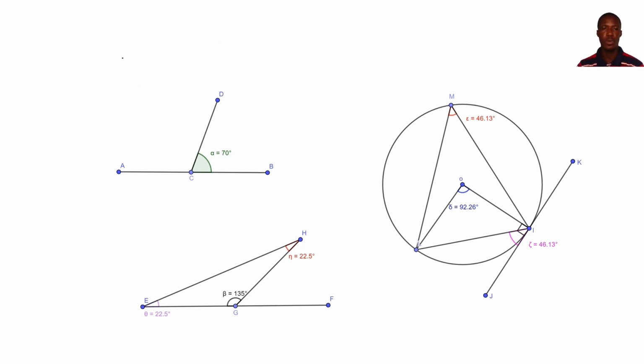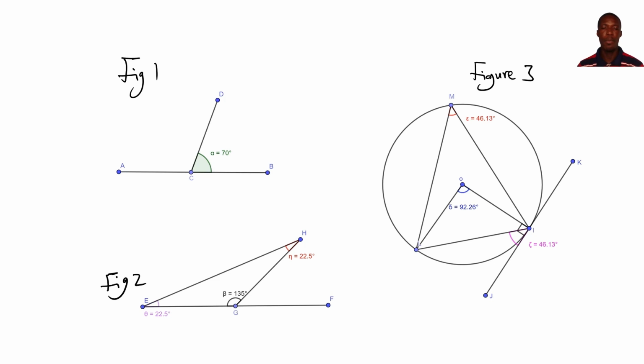So let's take note of this, and then let's see how we name these angles in this figure. So we call this our figure 1. This one will be our figure 2. And then this one will be our figure 3. Let's try to describe the angles in them. So if I take figure 1, I have line DC and then I have line CB. So how do I name the angle that has been indicated?